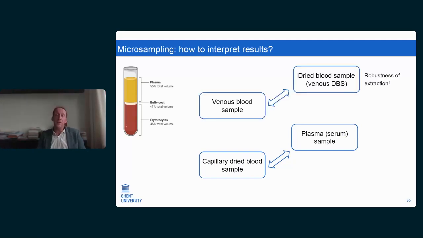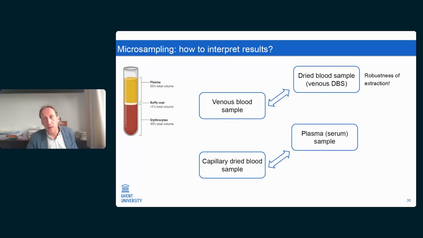For instance, you may wish to validate first that if you look at a venous blood sample and you compare the result with the dried blood sample derived thereof, you actually get the same result. In other words, it shouldn't matter if you look at, for instance, 10 microliter of dried blood or 10 microliter of liquid blood, you should get the same results. And the robustness of the extraction is really important for that.